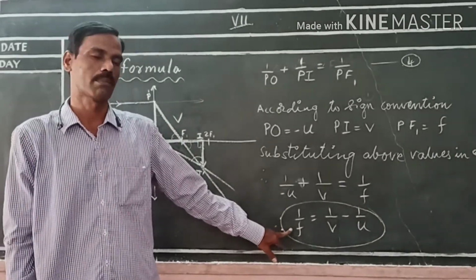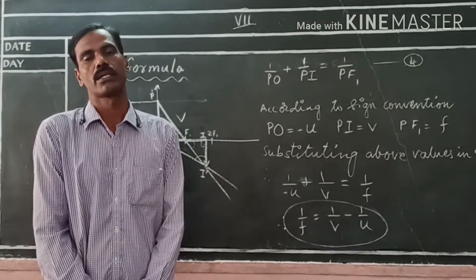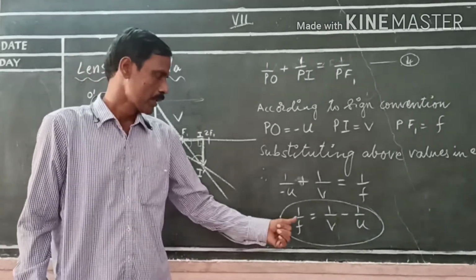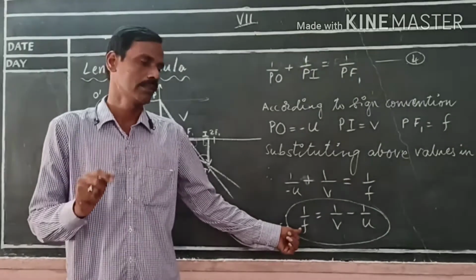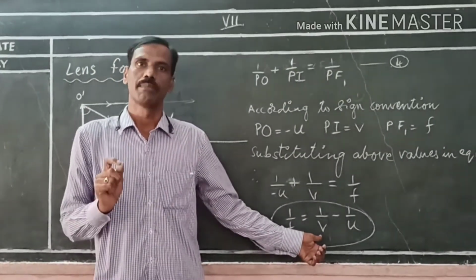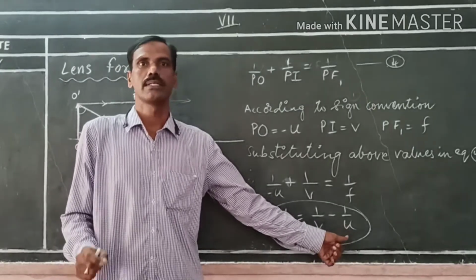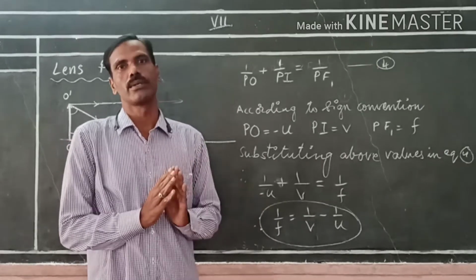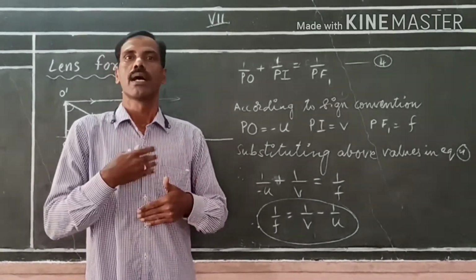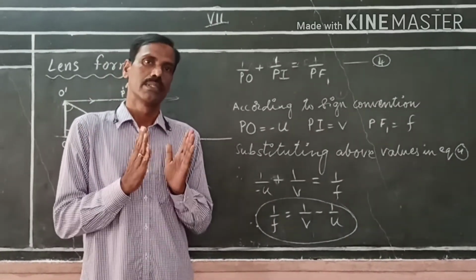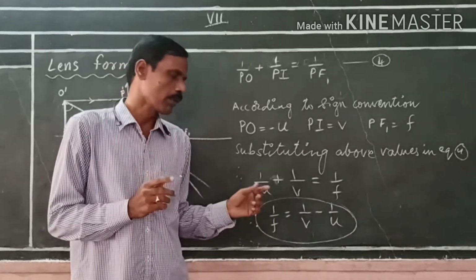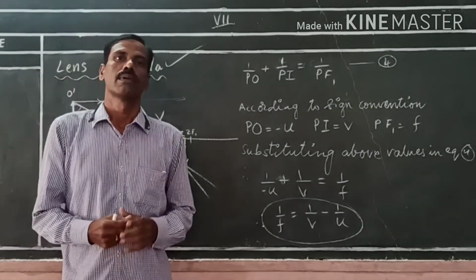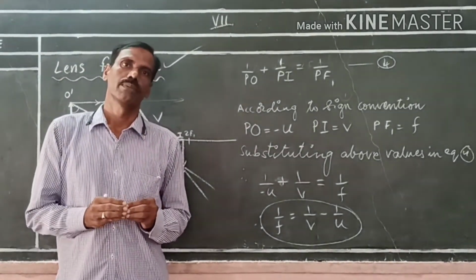Remember the lens formula: 1/F is equal to 1/V minus 1/U, where F is the focal length, V is the image distance, and U is the object distance. By knowing any two values in this formula, we can obtain the third value. This is a very important formula. Remember it from the exam point of view. Thank you.